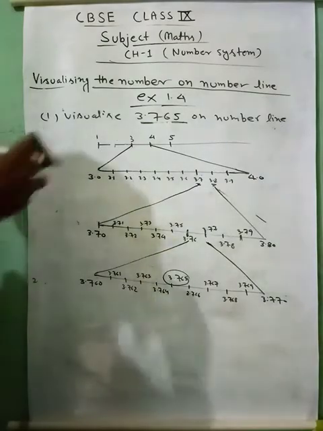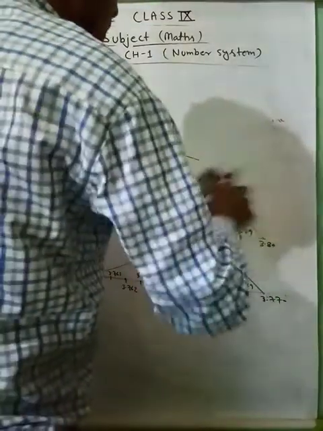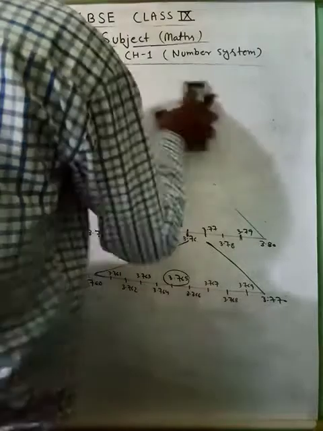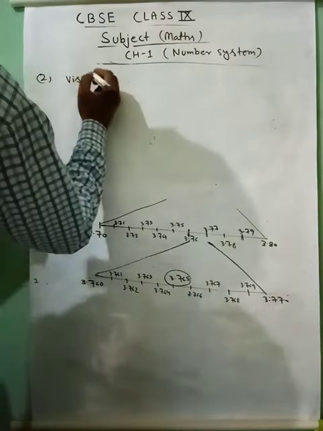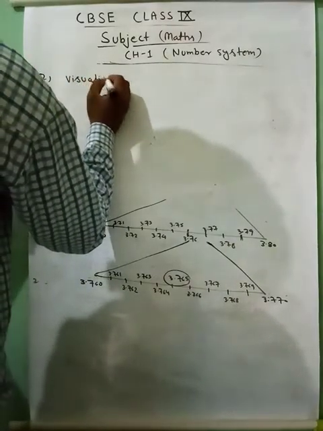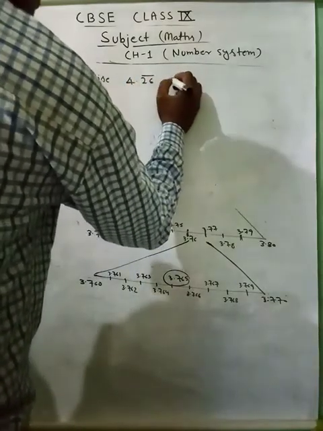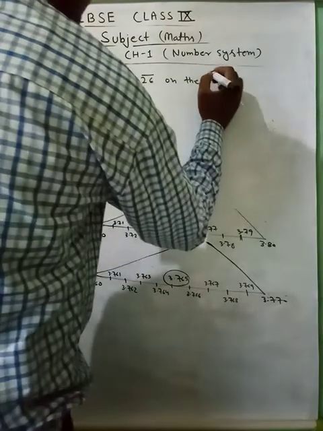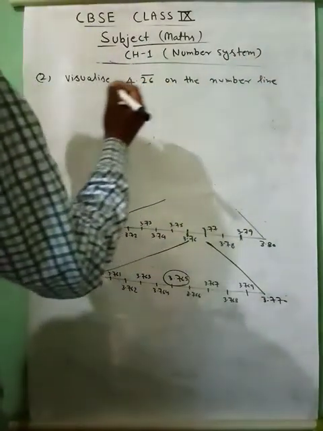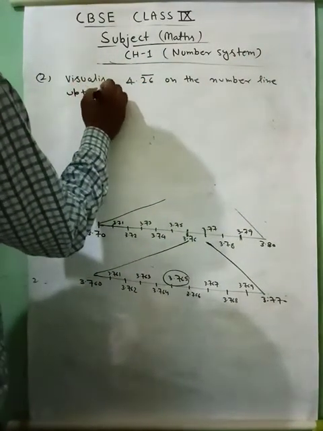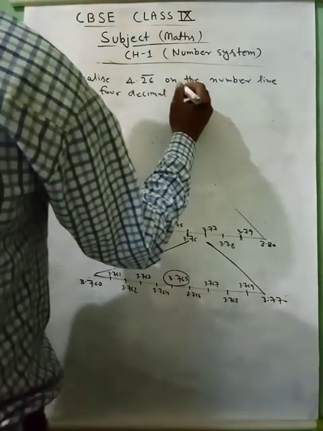So next question is visualize, and this question you have to do. Visualize 4.26 with a bar on the number line up to 4 decimal places.